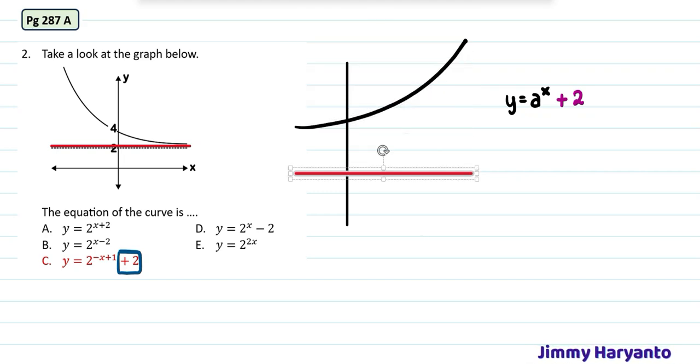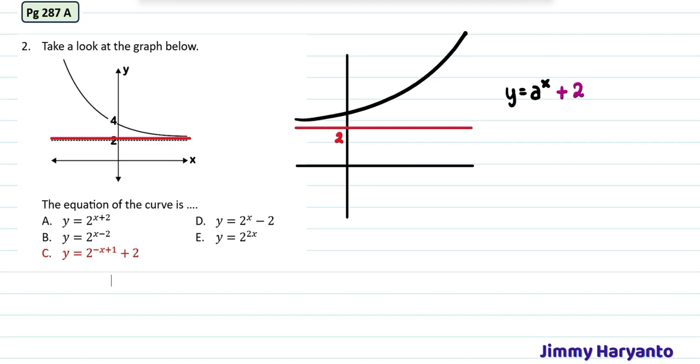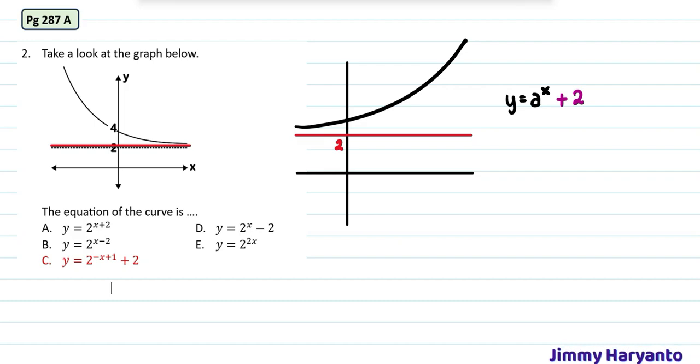Because the curve goes up, the asymptote will also go up 2 units. That means when you have 2 as the horizontal asymptote, you will have plus 2 in the function. Yeah, so we don't have to calculate anything for this one because it's already obvious. The answer is C.